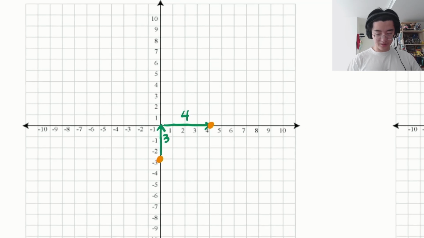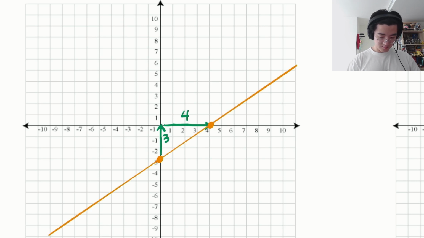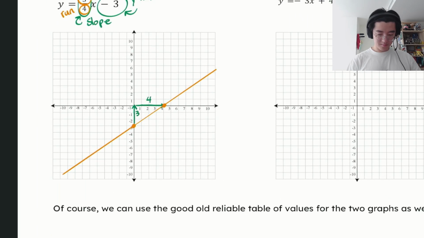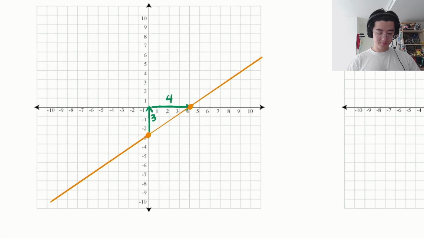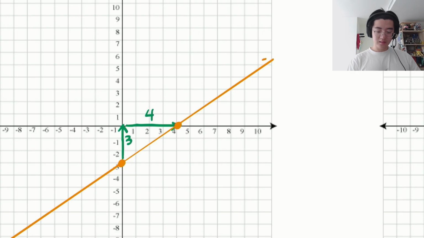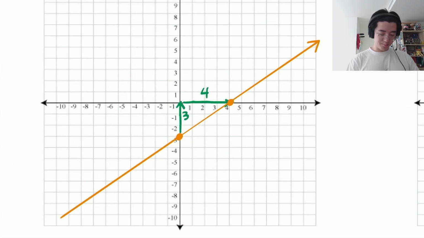Make sure to use a ruler. Let me get my ruler. Like that. As a good habit, we put arrows on both sides of this graph to denote that the line extends forever.